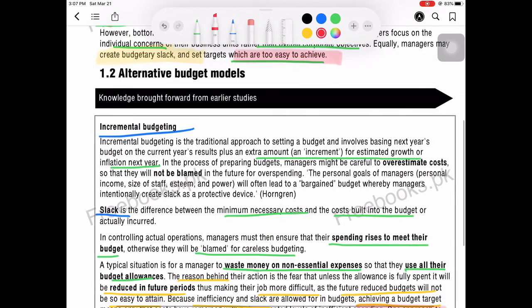Next is incremental budgeting. So this is the number 2 budgeting model that we are discussing in this video. Incremental budgeting means budgeting which is incremental. Incremental means it increases little by little. It's not a big shock to the budget, but it's a little increment.